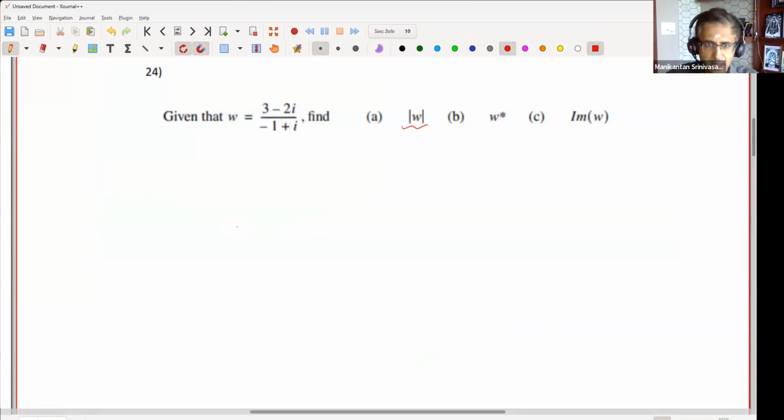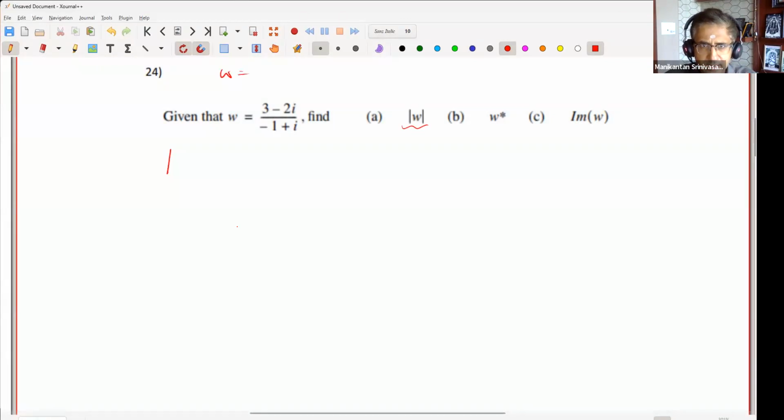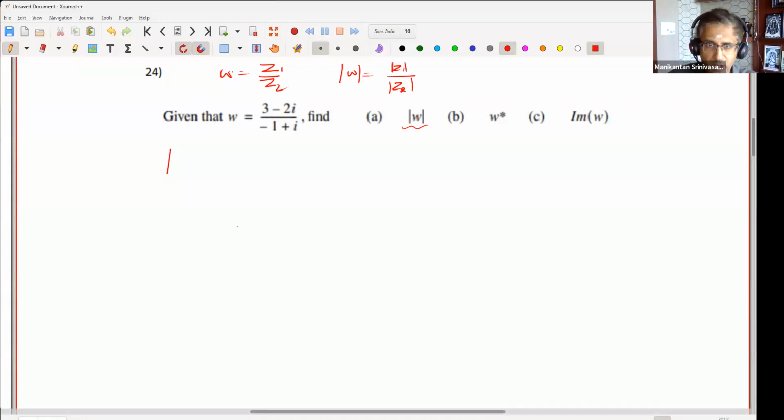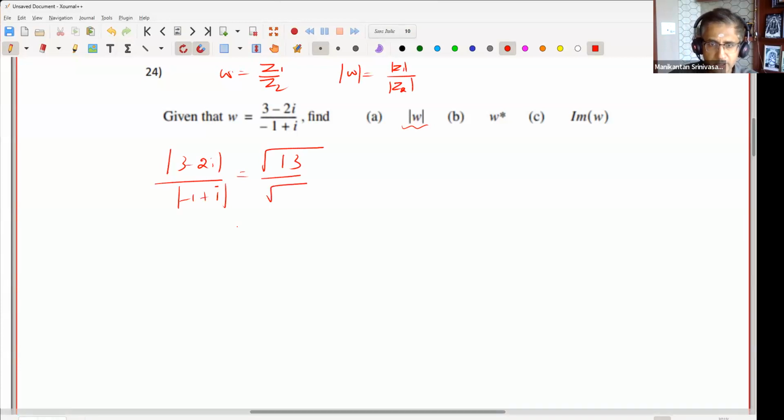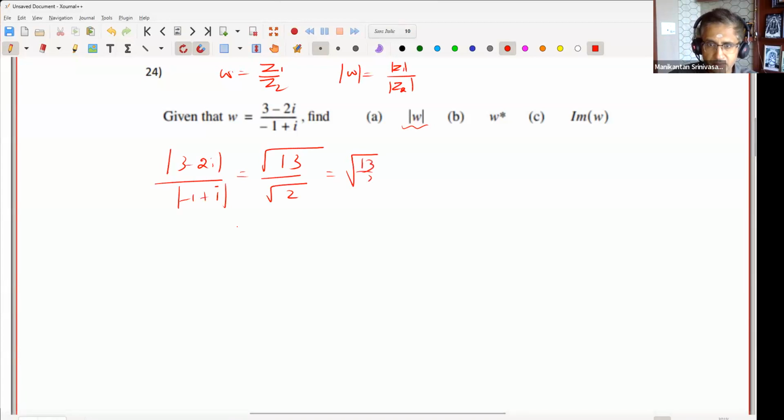If W is a ratio of two complex numbers, Z1 upon Z2, then mod of W is the same as mod of Z1 by mod of Z2. So it'll just be mod of 3 minus 2i by mod of minus 1 plus i. So this will be square root of 3 square plus 2 square by square root of minus 1 square plus 1 square. So root of 13 by 2.